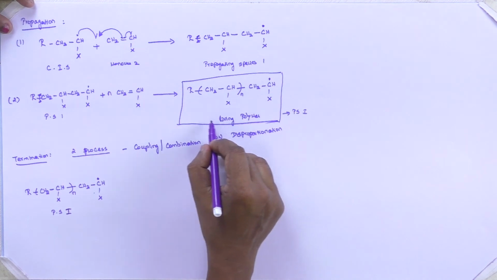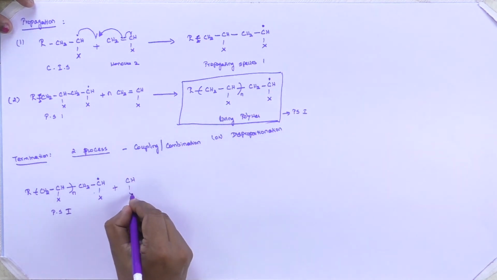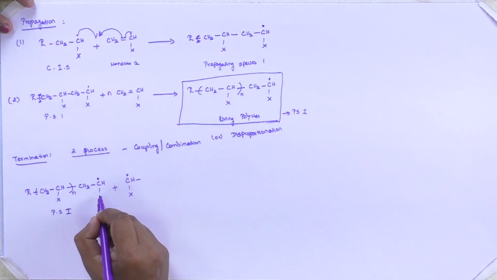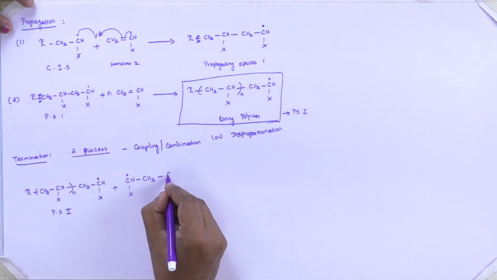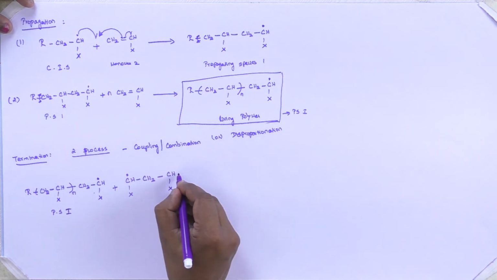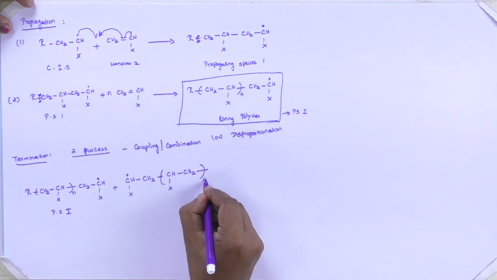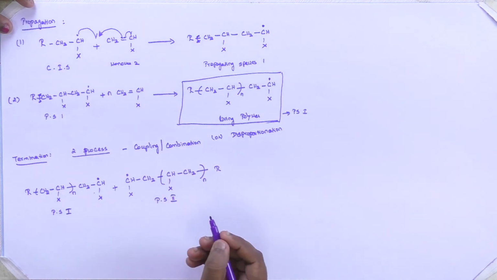And again a similar chain like this may be formed. I am writing this in reverse: CHX single bond CH2 single bond CHX, CH2, n times R. This is propagating species 2.